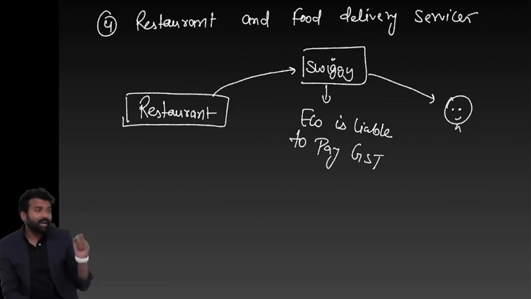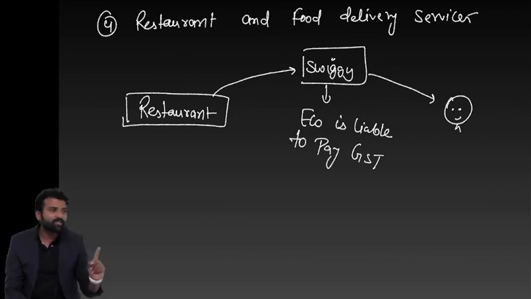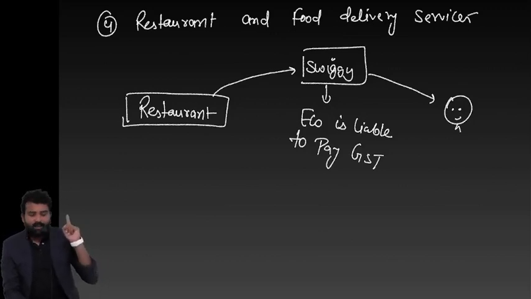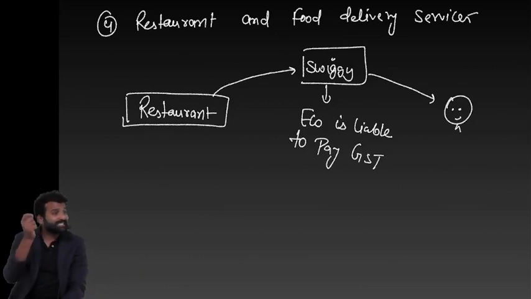And very interesting, now what we have to remember from these four cases: hotel and housekeeping. In both the cases, RCM on the e-commerce operator is applicable only if the hotel and housekeeping supplier is unregistered. If hotel and housekeeping is registered, then RCM is not applicable. But for radio taxi and restaurant, it is always the e-commerce operator who is liable to pay GST, whether the restaurant or driver is registered or unregistered.